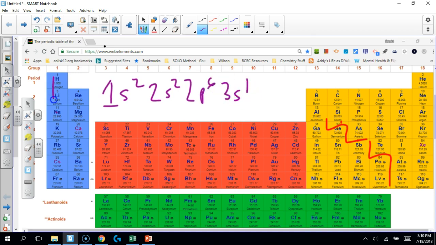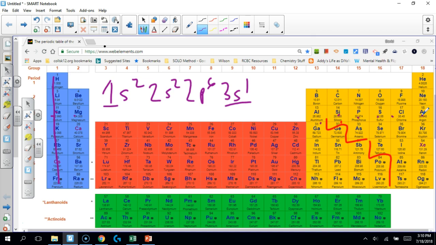We can tell that because it's in this column, the 3s1 column. Now, sodium wants to have 8 electrons in its valence. And remember, the valence is the outermost shell that contains electrons. In this case, it has 1 valence electron. Now, sodium could gain 7 electrons to look like argon.